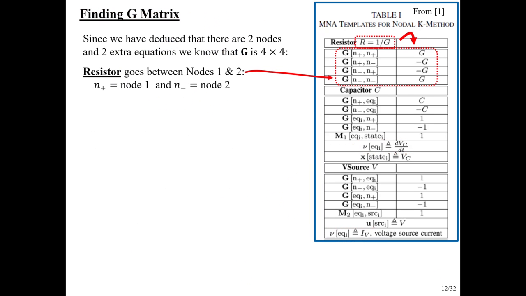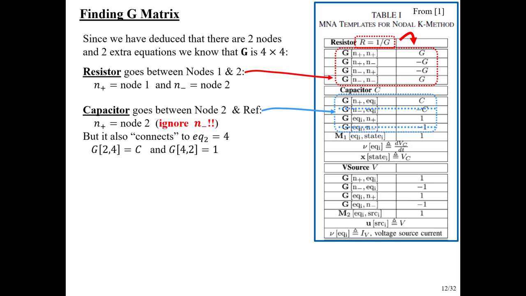And the rule is whenever a node is the reference node, we ignore it. So our reference node in this case is N minus for the capacitor, so we ignore it. So I've crossed off the elements of the G matrix that have the N minus for the capacitor. So those are gone. So there's only going to be two elements in G that correspond to the capacitor.